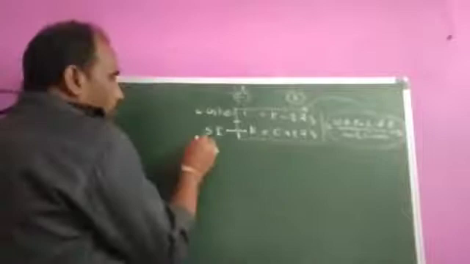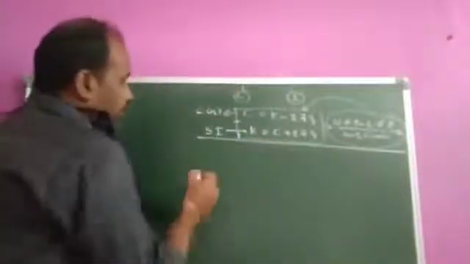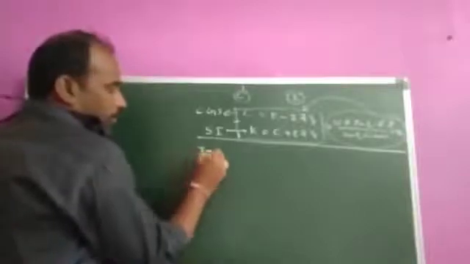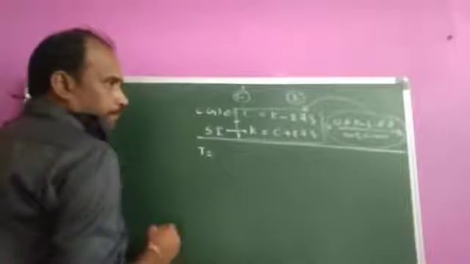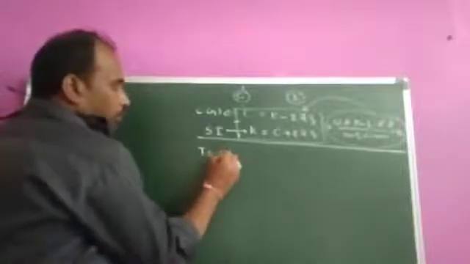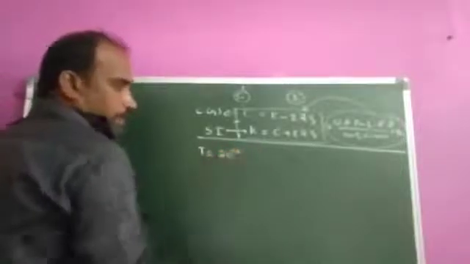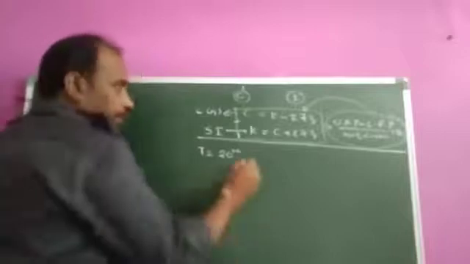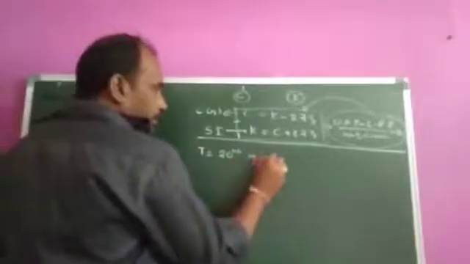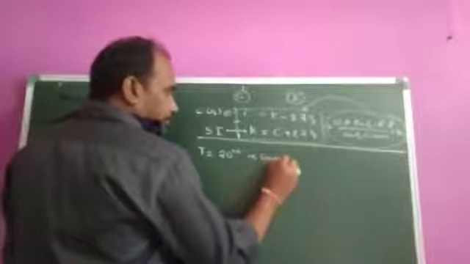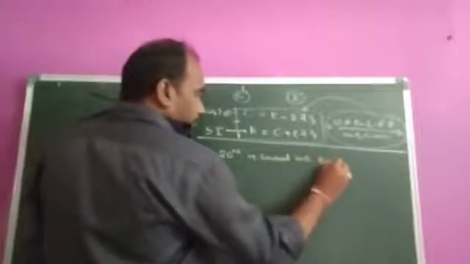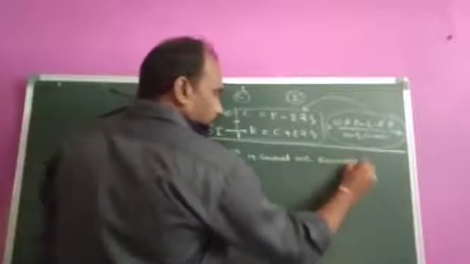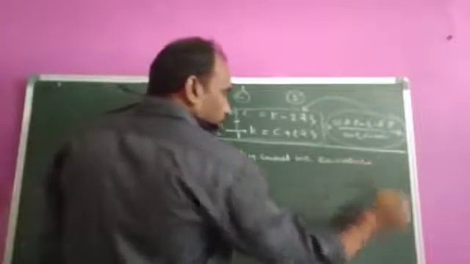Okay. So now, for example, the temperature T is equal to 20 degrees Celsius, they give, and T is converted into Kelvin. What is the question?